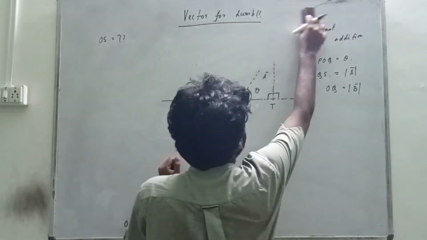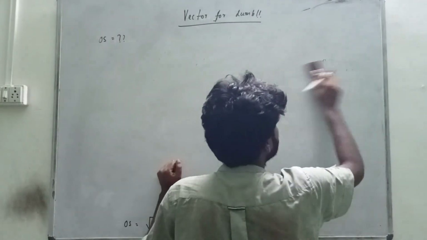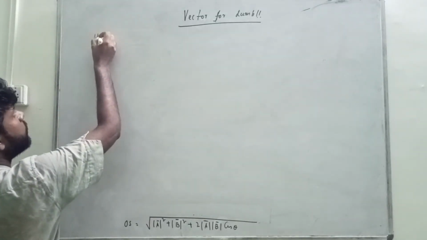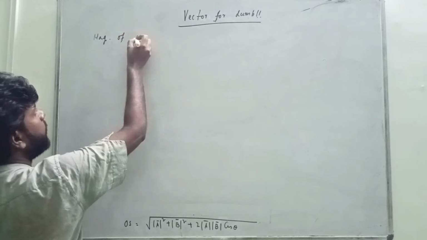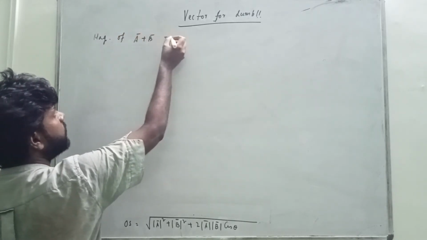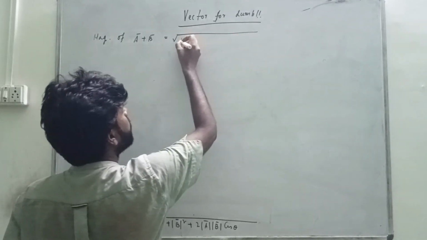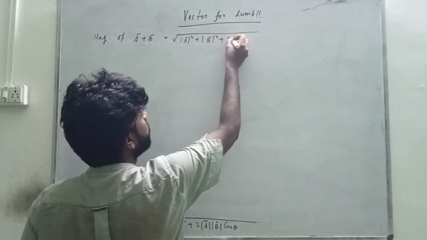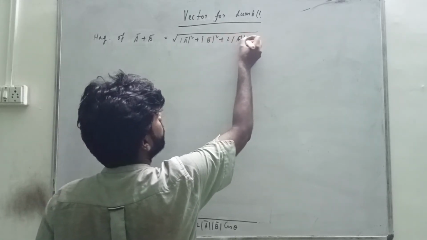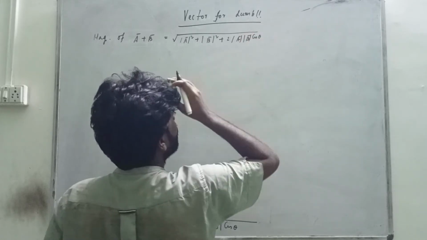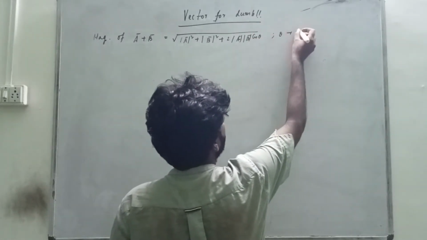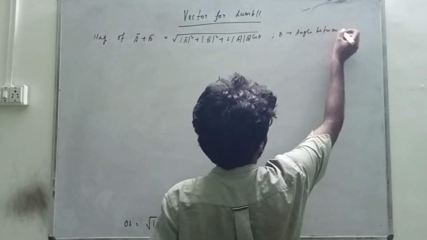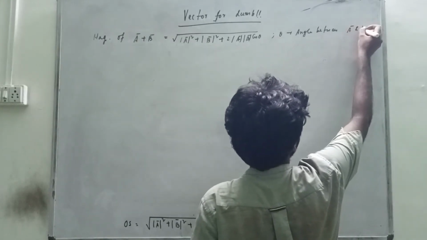Now for addition, the length, just take magnitudes: the magnitude of A plus B is root over mod A squared plus mod B squared plus 2 mod A mod B cos theta. Theta is actually the angle between the two vectors, the angle between A and B.